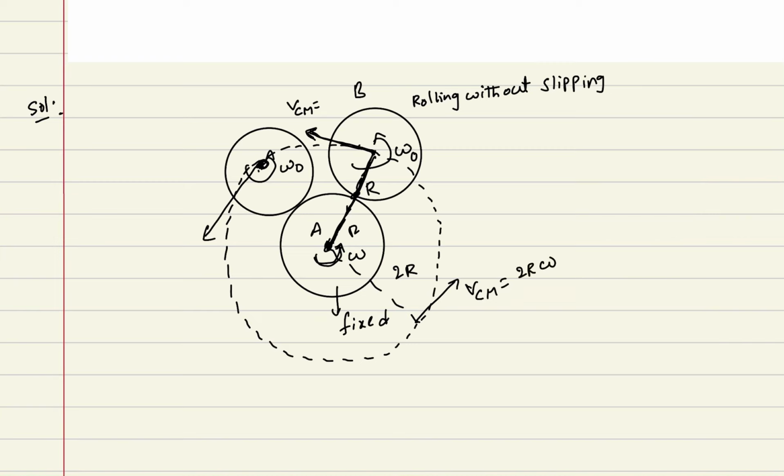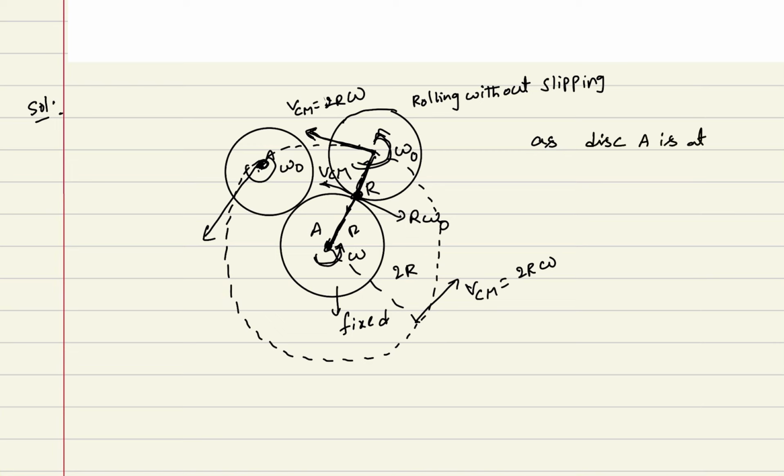At any point the velocity of the center of mass of B is equal to 2r into omega. Observe this, 2r into omega. At the same time it is also rotating. So at the bottommost point, it will have r into omega naught.